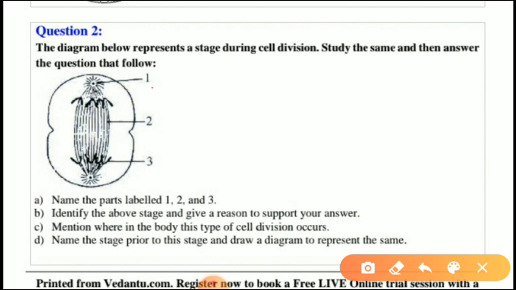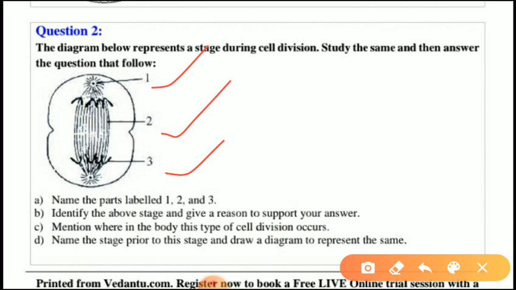Answer: 1 is centrioles, second one is spindle fibers and third one is sister chromatids or chromatids. First one centrosome or centriole, second one spindle fiber, third one sister chromatids or chromatids.